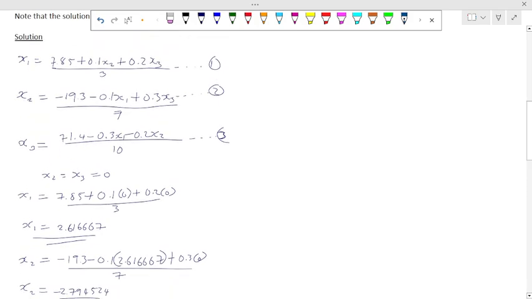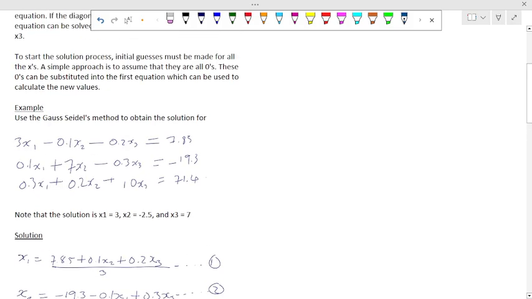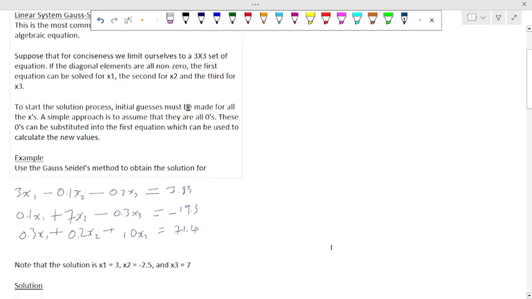After doing that, I believe you understand this first part. To solve equation 1, we make guesses: initial guesses must be made for all x's.